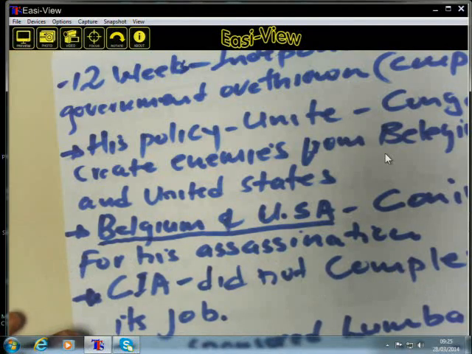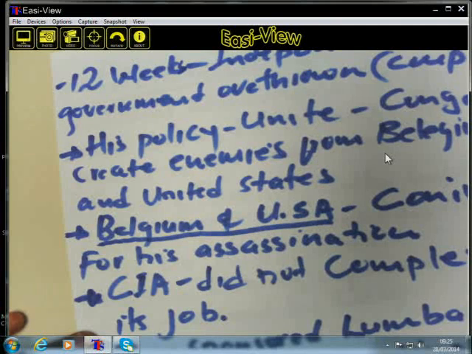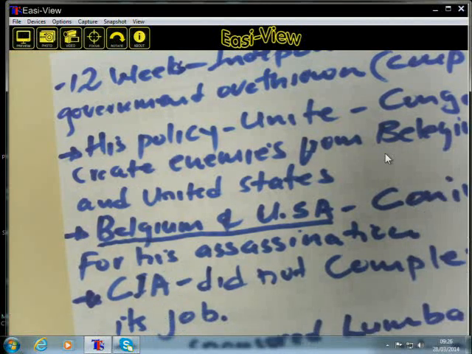Remember, he was totally against colonial involvement. He had a strong feeling that they must govern themselves as it was regarded an independent state. So his policy of uniting the Congolese was the one that led to his overthrow.